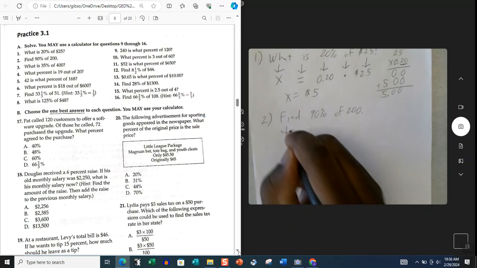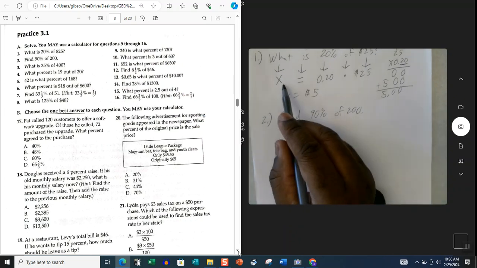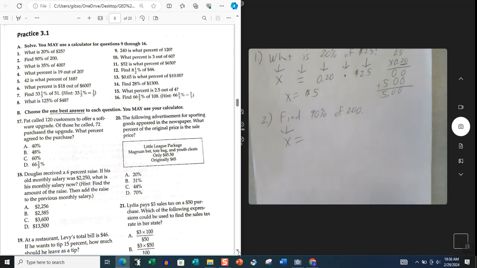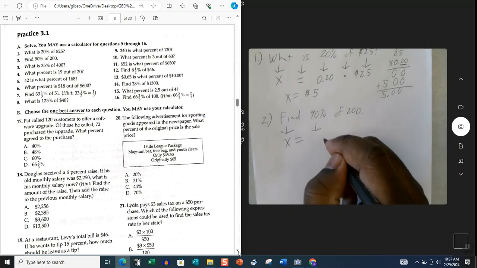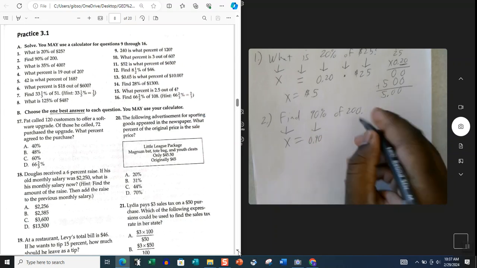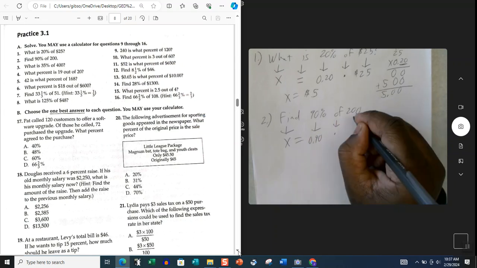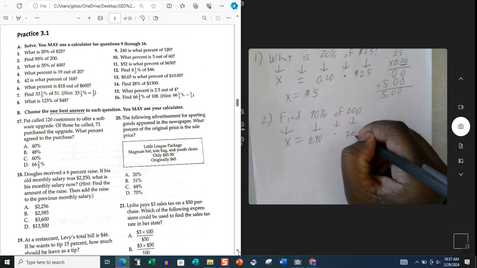The word find is basically X equals, because we do not know what we are looking for. It just says find. So that's X equal. Now, 90% will be written as 0.90, of is multiplication, and 200 is just 200.